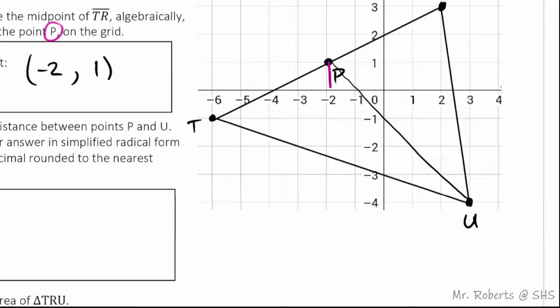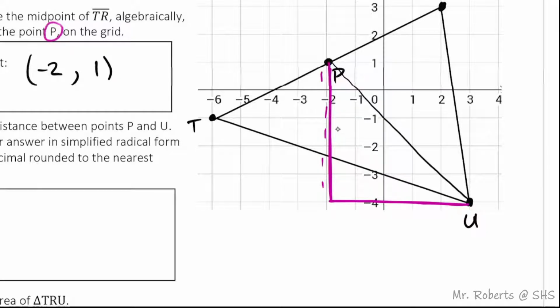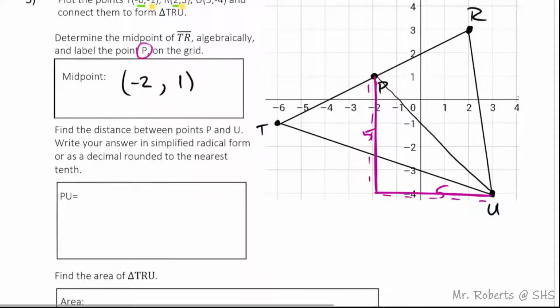So I can look at this particular rise, and I could look at this run. And if I look at those, I think they're each 5 units, right? This is 1, 2, 3, 4, 5. Yeah, this is 5 units. And this is 1, 2, 3, 4, 5 units. That's 5 units also.